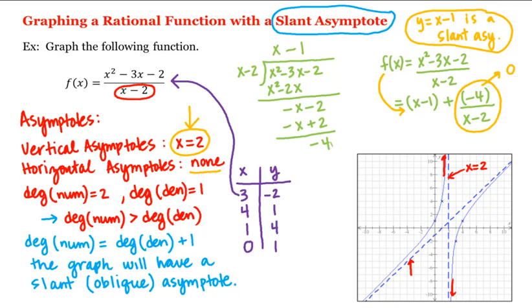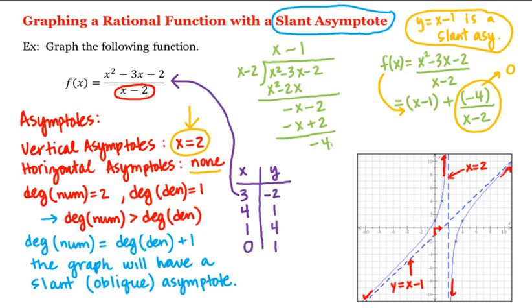And here's our slant asymptote here. y is equal to x minus 1. Notice it has a y-intercept of negative 1 and a slope of 1. And as x increases without bound, the function starts behaving like this line. And as x decreases without bound, the function starts behaving like this line.